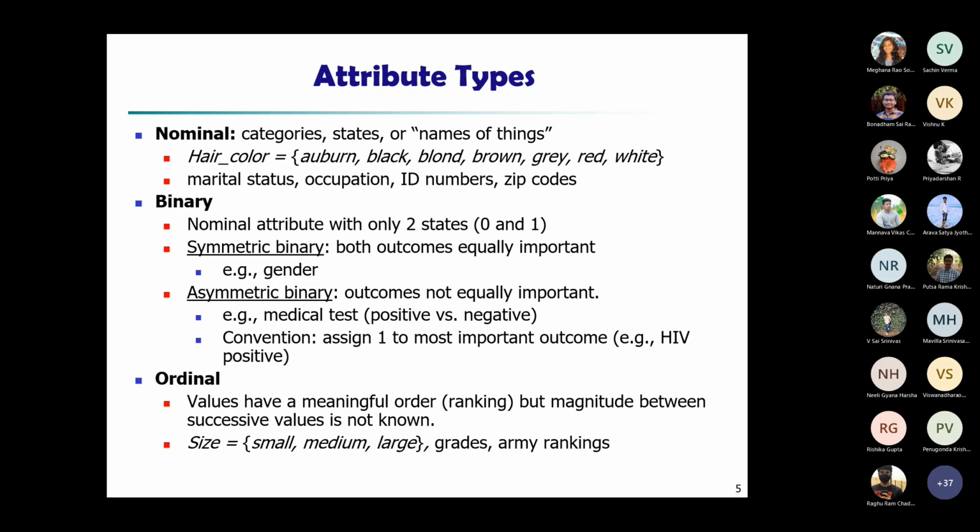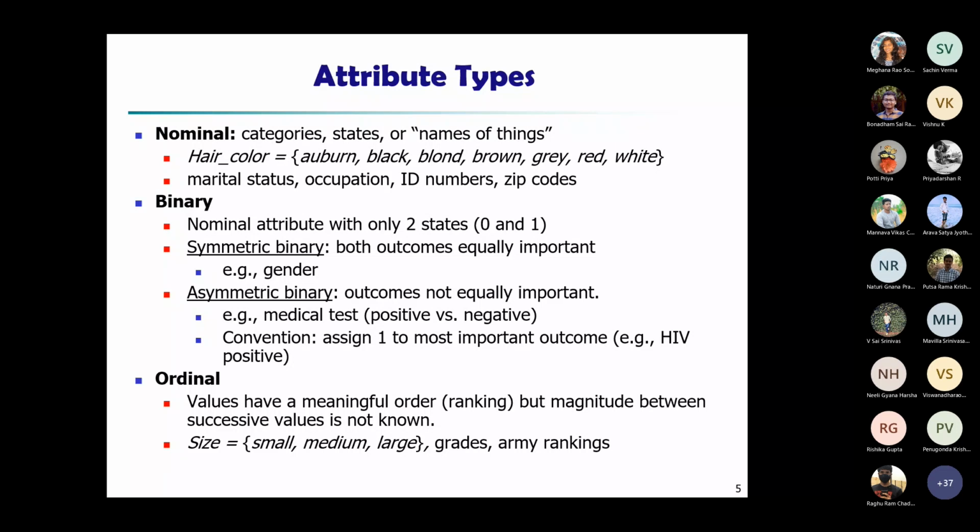Even if you assign some value, it is not actually a numeric variable. So if we are replacing a missing value for, say, hair color, where I have 5 colors and put 0, 1, 2, 3, 4, it doesn't make sense to replace with median or mean.